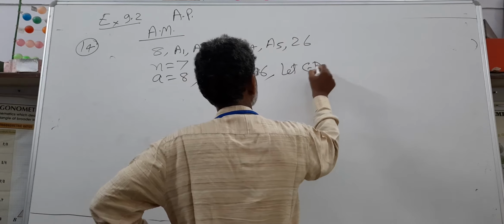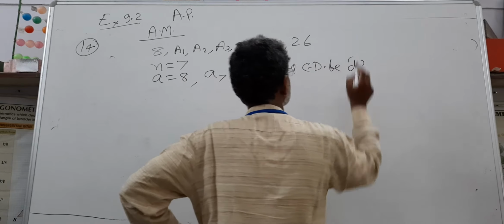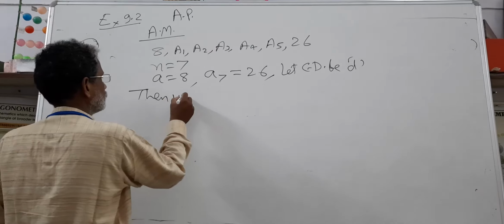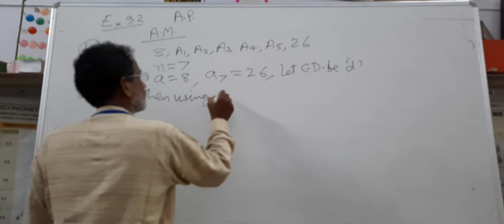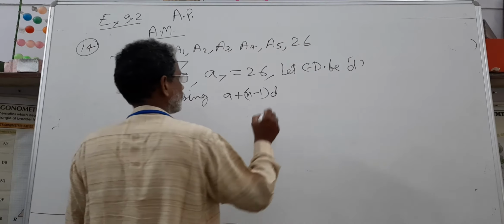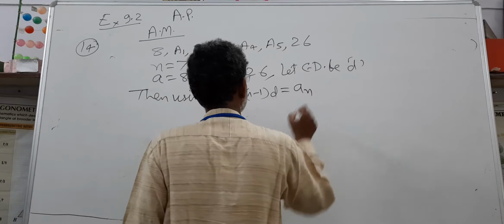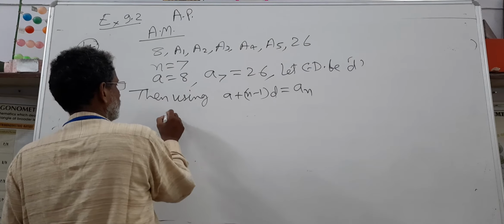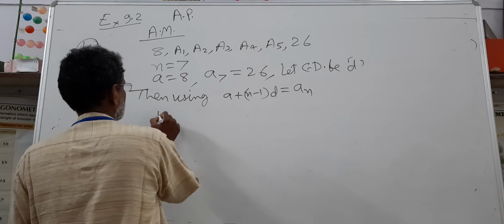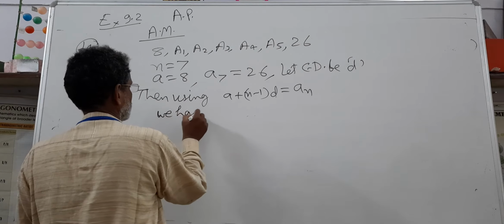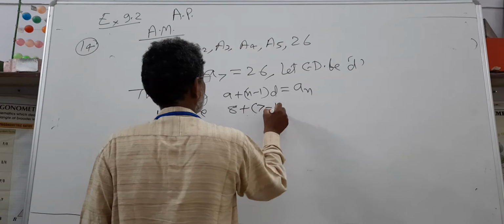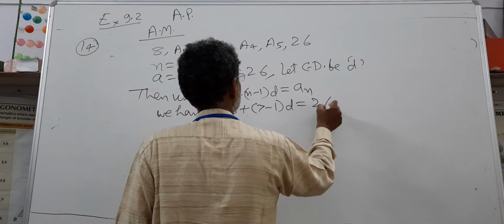Therefore, let common difference be D. Then, using a plus n minus 1 into D is equal to an, we have 8 plus 7 minus 1 into D equal to 26.